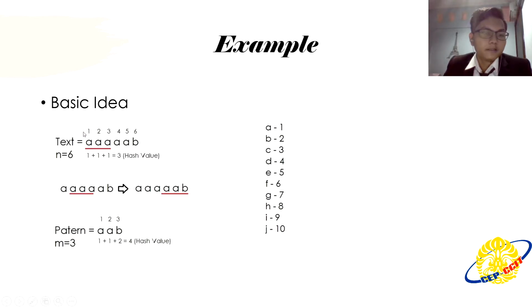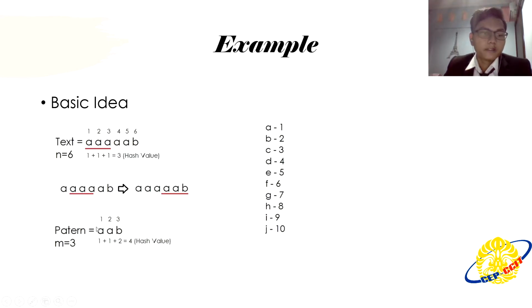The first thing is we need to calculate 3 hash values, only 3, and then 3 and 3 again. That's how Rabin-Karp works. A, which is 1, 1, 1, and then we got 3 hash values.